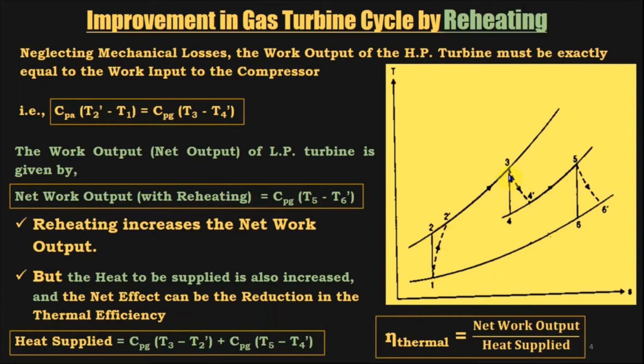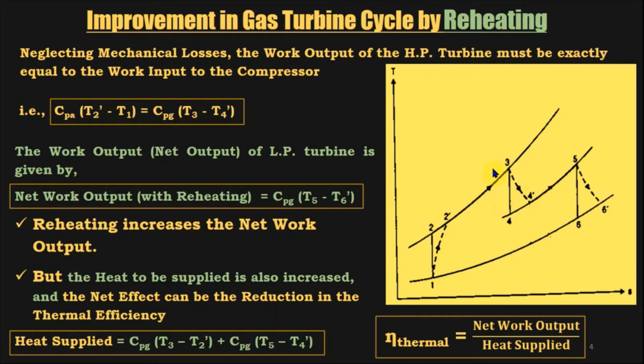Here the total heat supplied will be equal to the heat supplied in the combustion chamber plus the heat supplied in the reheater. In the main combustion chamber, the heat addition process is 2-3, which takes place at constant pressure. So Cp of gas multiplied by T3 minus T2 dash is the heat supplied in the main combustion chamber.